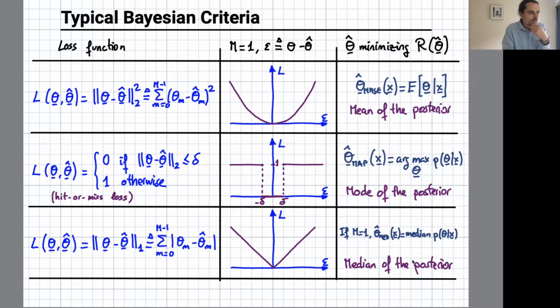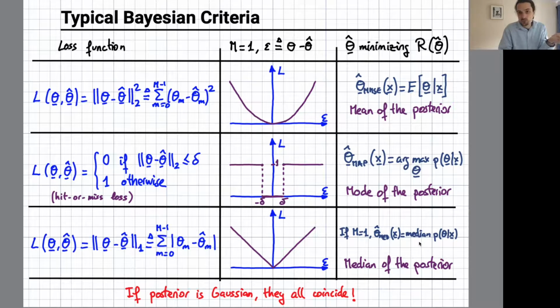It is interesting to note that these three estimators will coincide in the case that the posterior is Gaussian, because as we know, for a Gaussian distribution, the mean, the mode, and the median coincide.